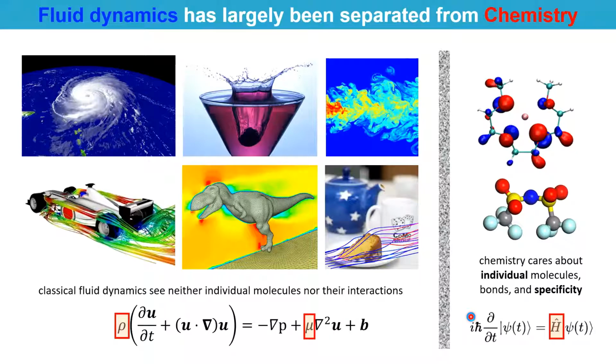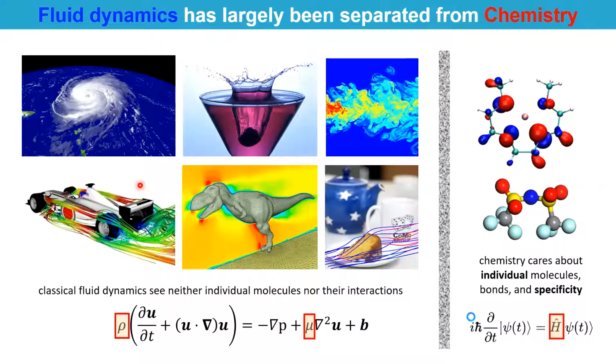This has actually served us very well. For example, a design engineer trying to optimize the flow near a race car to reduce the drag does not have to worry about the size and shape of the oxygen and nitrogen molecules, and even less so about, say, the vibration of the atomic bonds.